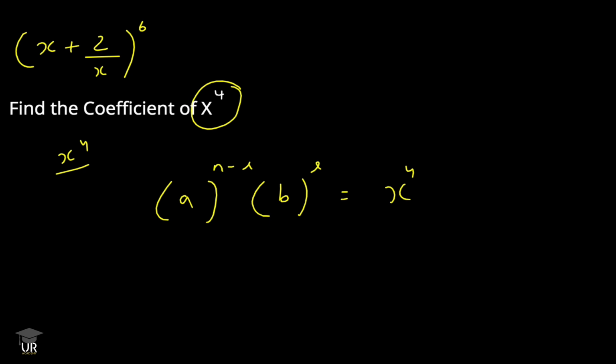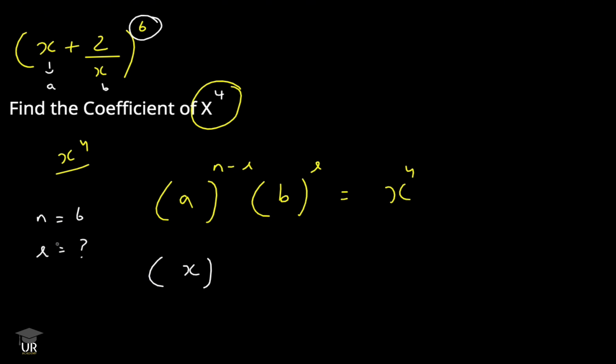Here you can clearly see that this is our a and this is our b. So here x, okay, the value of n is 6. The value of r is what we need to find.